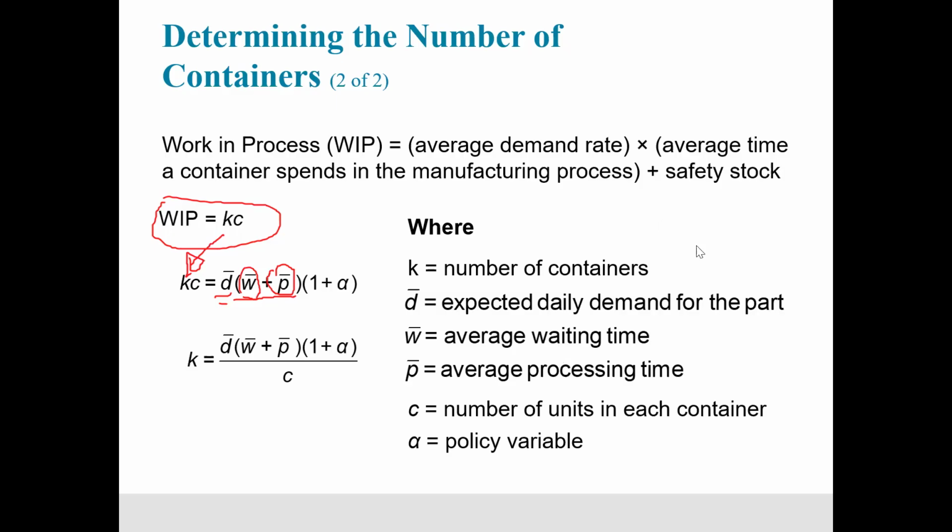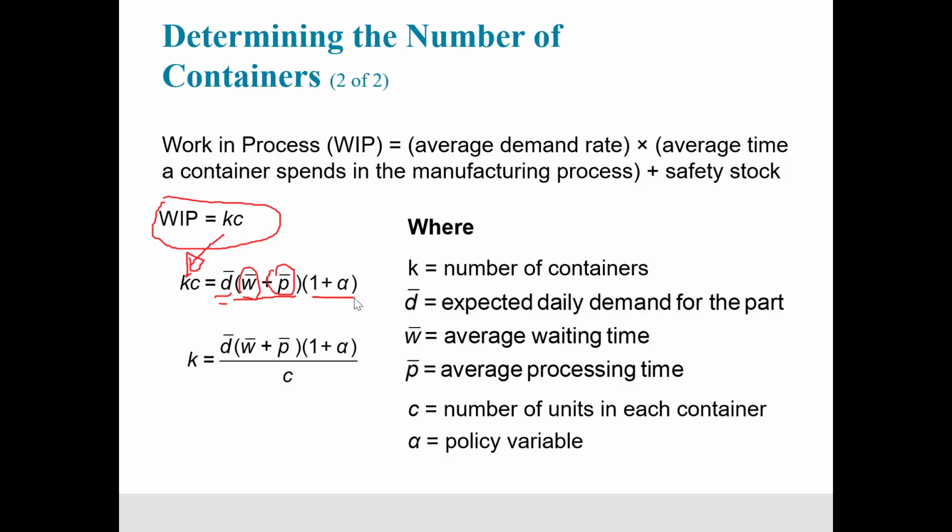Now, the last part of this formula, the 1 plus alpha, gives us our safety stock policy variable. Basically, how much safety stock does a company want to have? If the company has very stable demand, with very little fluctuation, our safety stock policy could be very close to zero. We might not need safety stock.